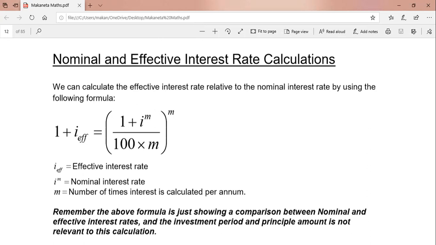Where the two amounts are not given, then you can use this formula. Remember that this formula just shows you the comparison between the nominal as well as the effective interest rate, together with the investment period. So the principal amount is not relevant, as you can see. The principal amount together with the accrued amount, they are not relevant in this case, in my view.